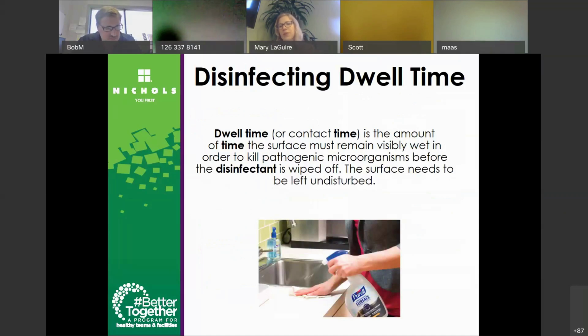So that's very important, especially for training purposes, that if there's not enough disinfectant on the surface, if it's not visibly wet, it's not going to do its job killing the pathogen that you need it to do. And we're talking so much lately about having the disinfectant that's going to kill the SARS-CoV-2. So it's very important to make sure, okay, you have the product, now use it correctly so that it can actually do what you intend for it to do.